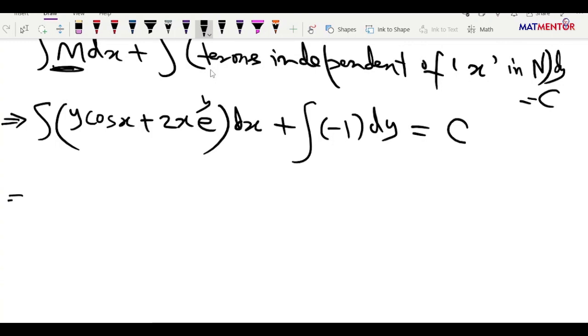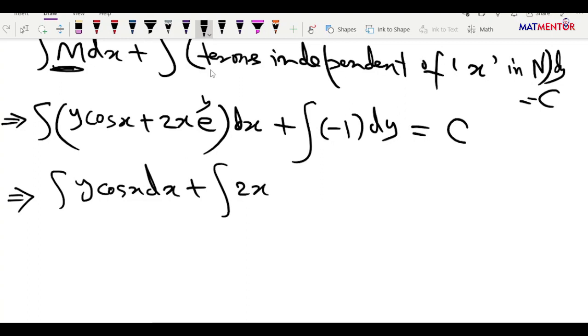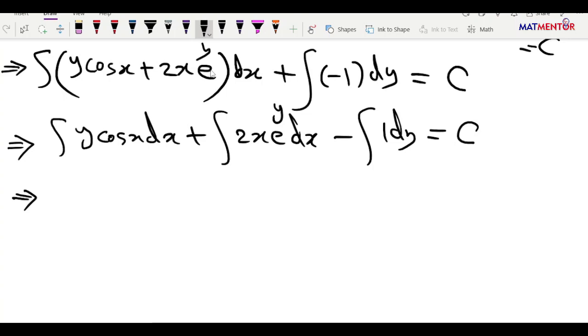Now here we will integrate them separately. So it will be something like ∫y cos x dx + ∫2x e^y dx − ∫1 dy = c. We are integrating with respect to x, so y will be constant.